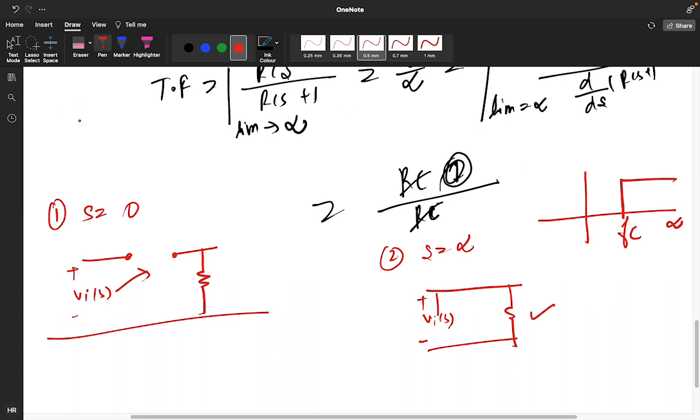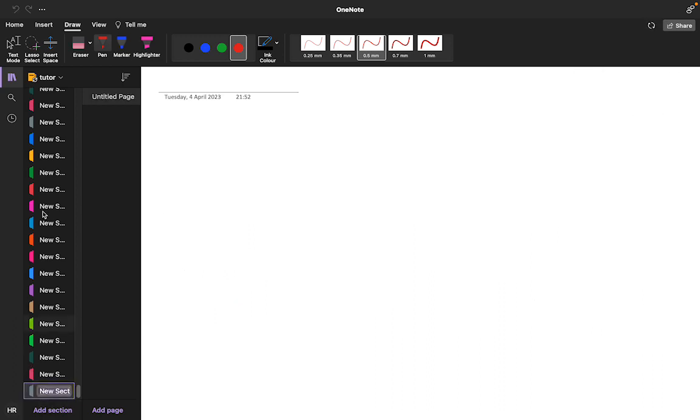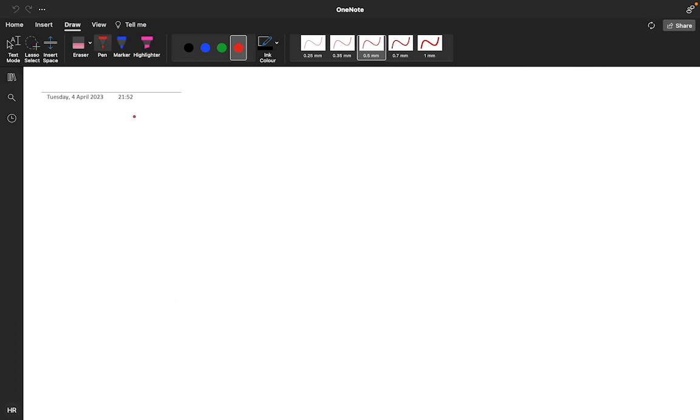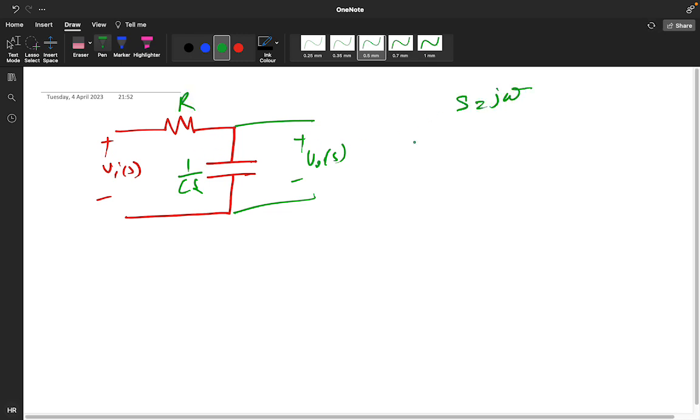See, I will also tell you in a very easy way. You have a circuit like this, RC, with positive and negative Vi of s, and this is your plus minus V naught of s. The capacitor can be written as 1 upon Cs, and this is your R. s means j omega.